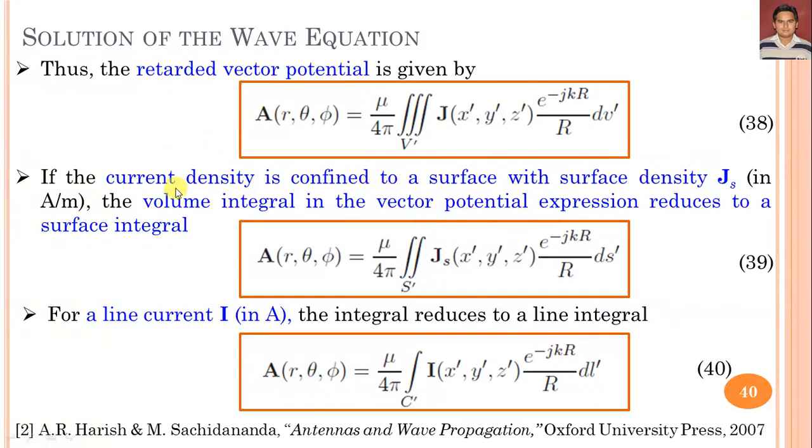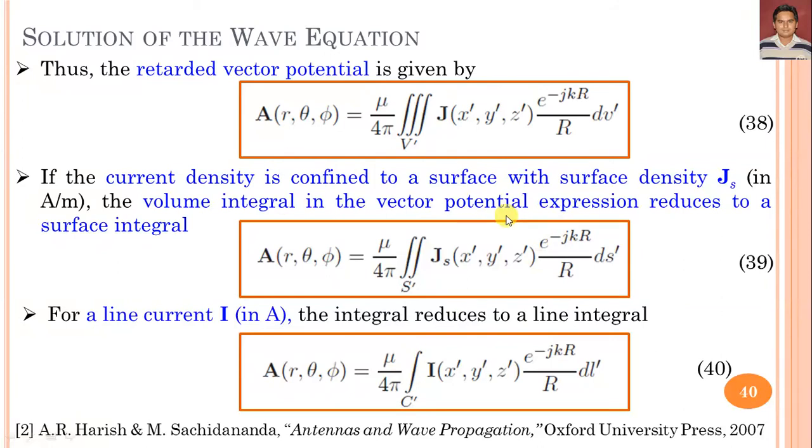This is a very important expression. If the current density on a surface with surface density Js is given, then the volume integration of the vector potential expression can be reduced: we replace J by Js, and integrate over the surface area S, ds'.